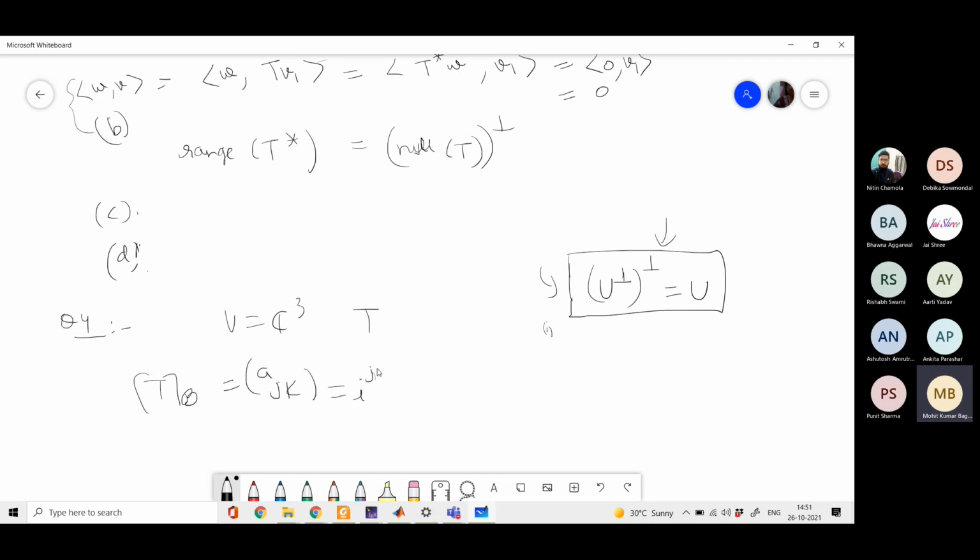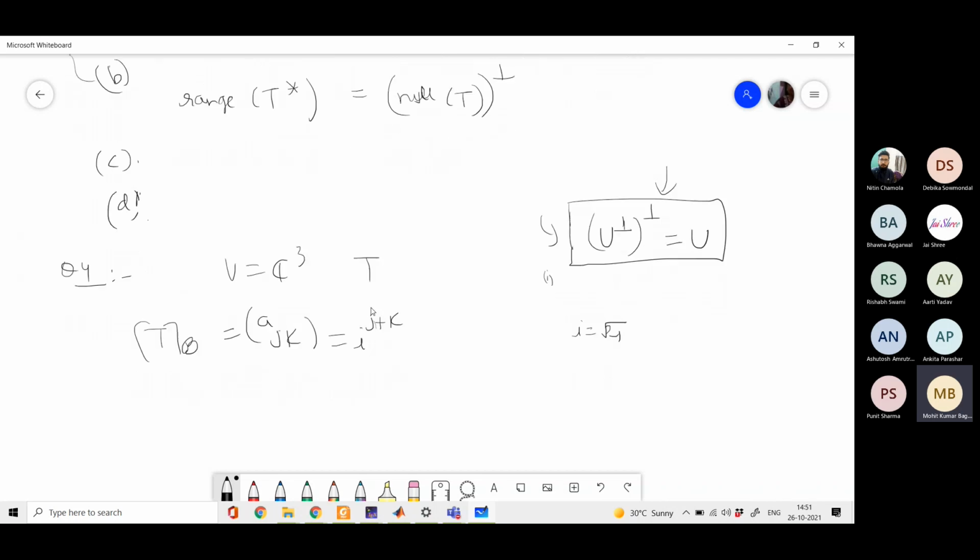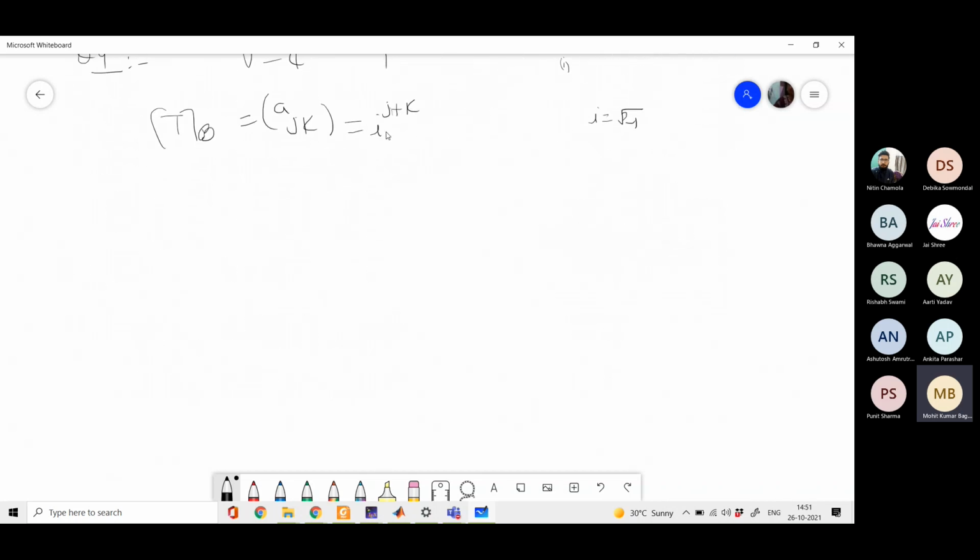Here i is this one; symbolically, i squared equals -1. Now, can you tell me how this matrix looks? This matrix is given to you, and you have to write this 3 by 3 matrix.